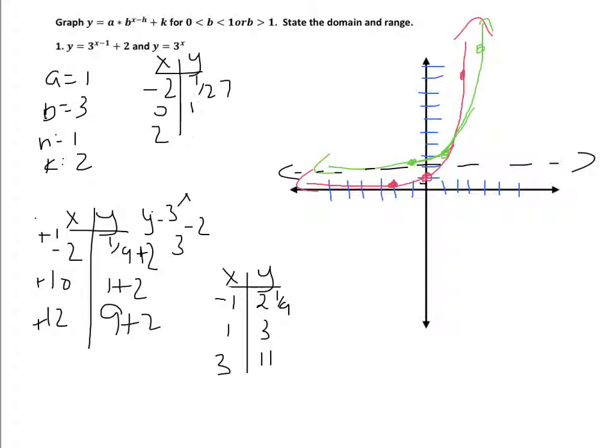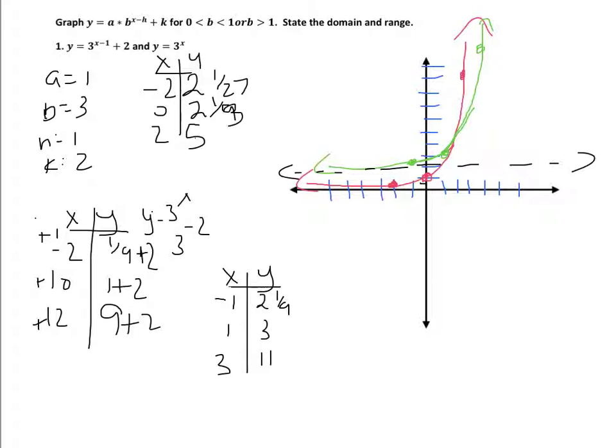I added those wrong. This would be 2 and 1/27th, 2 and 1/9. Nope, 2 and 1/3. And then 5. Okay? Same graph, though.